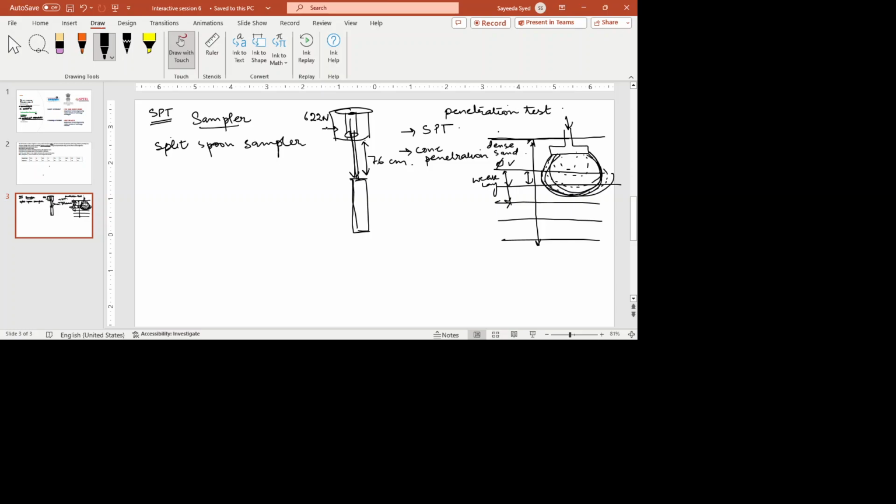So we have a particular hammer with a specific weight and a specific fall. Basically, what we are standardizing is the energy that we are inputting here. Then we count how many blows it takes for a standard penetration.